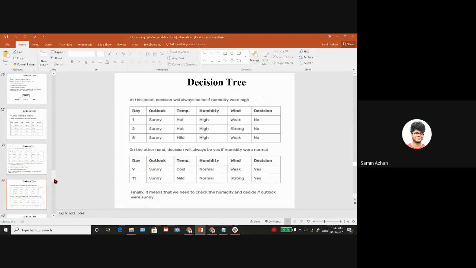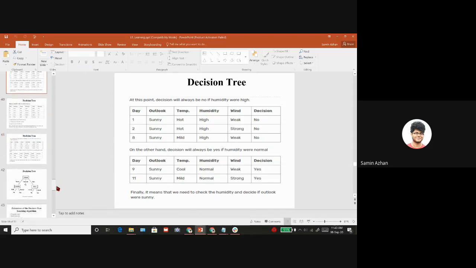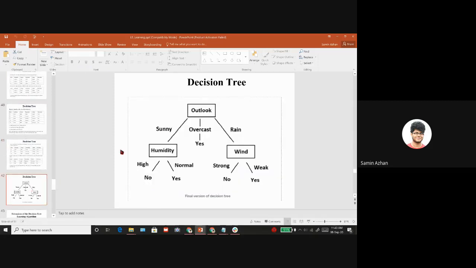Let's quickly peek at the final decision tree just to get an idea. So outlook, if it's sunny, then humidity, and if humidity is equal to high, we come to the decision no, and if humidity is equal to normal, then we come to the decision yes. All the leaf nodes must be a final decision.